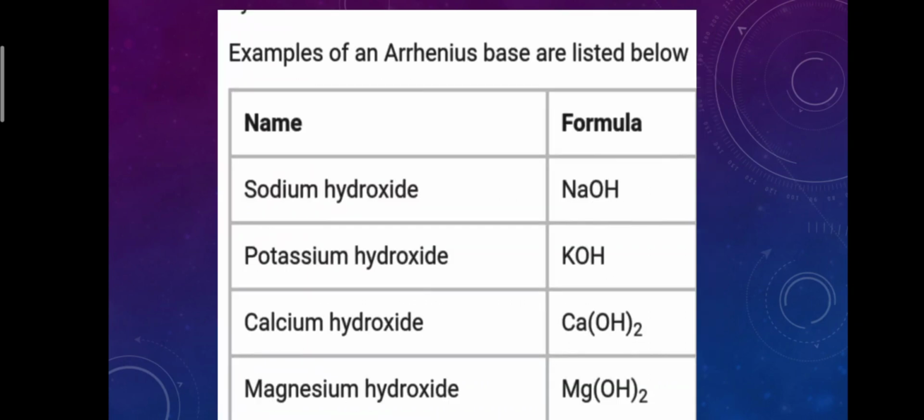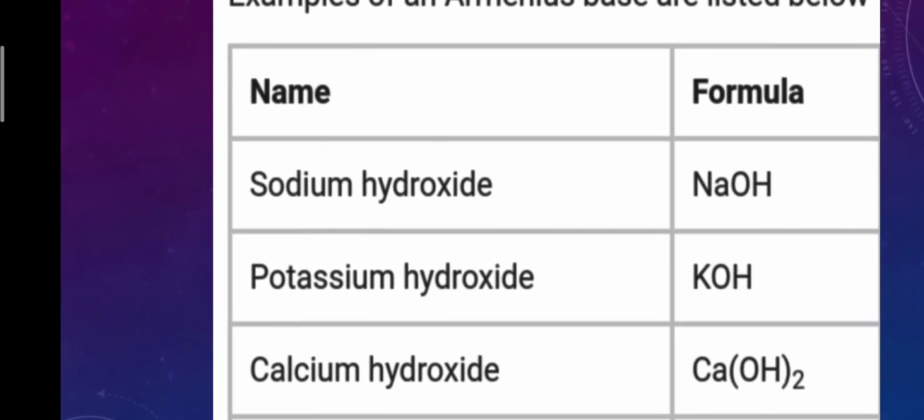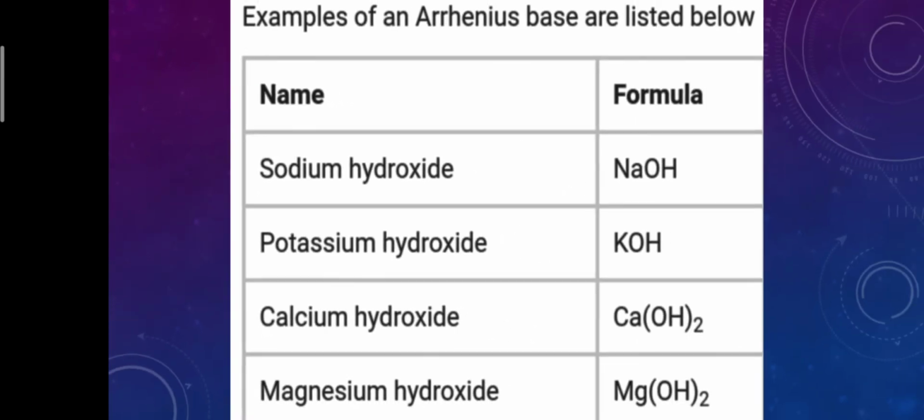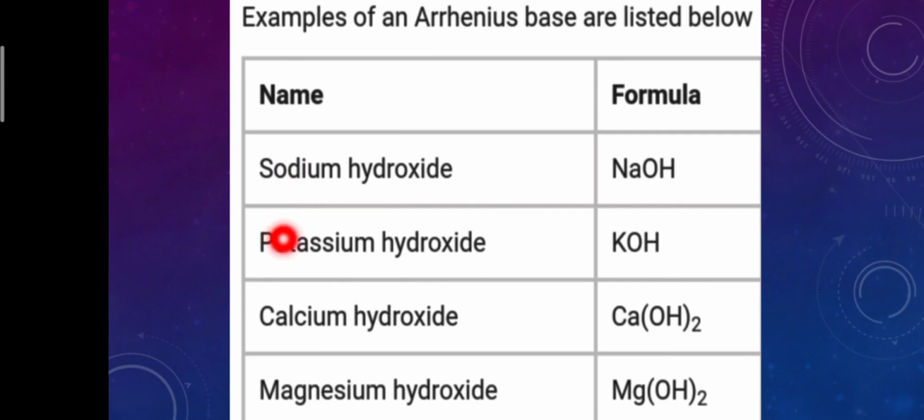Examples of an Arrhenius base are listed below: sodium hydroxide NaOH, potassium hydroxide KOH, calcium hydroxide Ca(OH)2, and magnesium hydroxide Mg(OH)2. They all give OH negative ion when they dissolve in water.